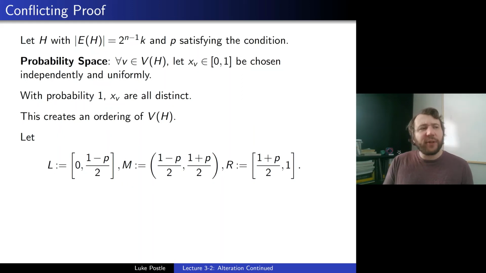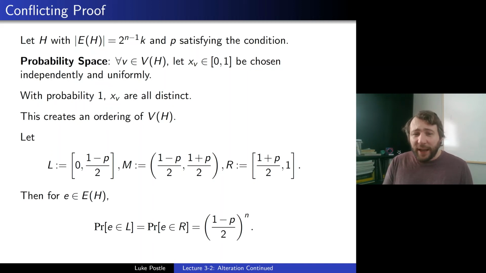And now, what do we need to calculate? Well, let's first look: can you have conflicting pairs in the left or right? I mean entirely in the left or entirely in the right, for just the first edge. What's the probability there's an edge entirely in the left or entirely in the right? That you can just calculate.